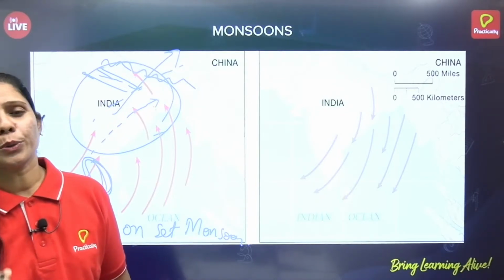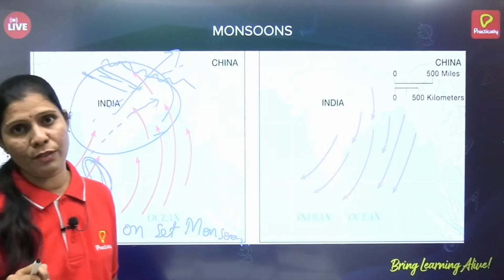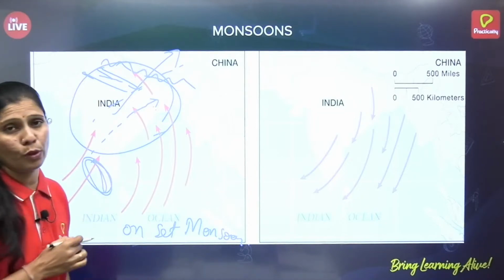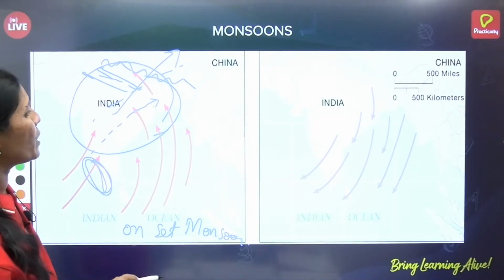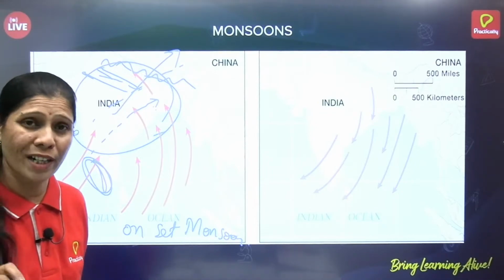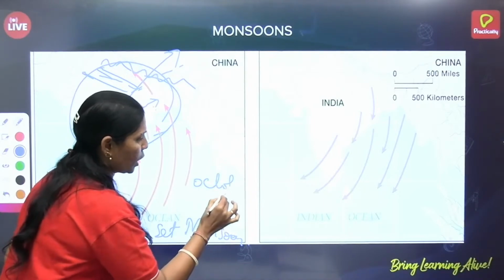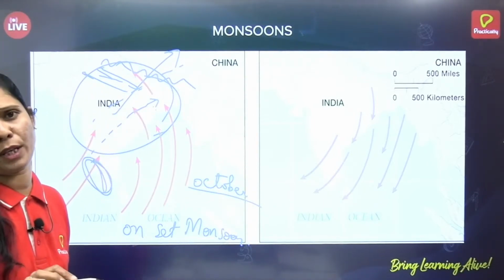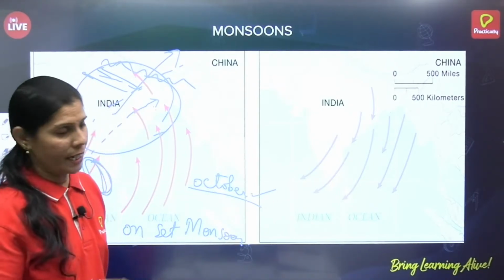Due to that reason, in October the sky is dry of clouds, direct sun rays fall especially in India, so we experience hot summer-like weather in October. October will be very hot, so we call it the October heat.